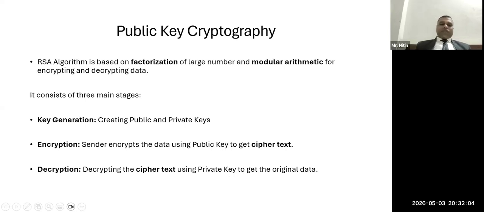So these are the steps: one, generating a key; two, encrypting the data, which, once encrypted, is known as ciphertext; three, the ciphertext travels in the medium and is then converted into the original data, which is known as decryption.